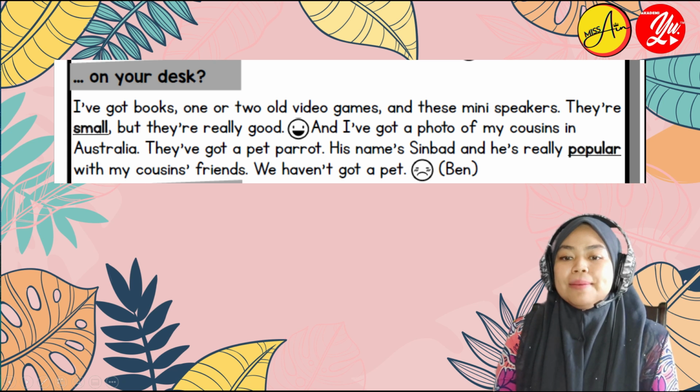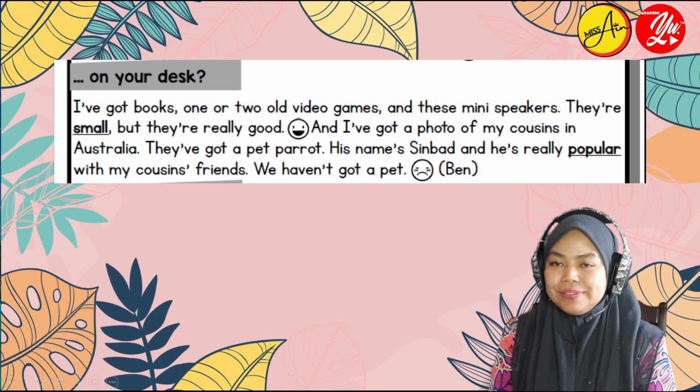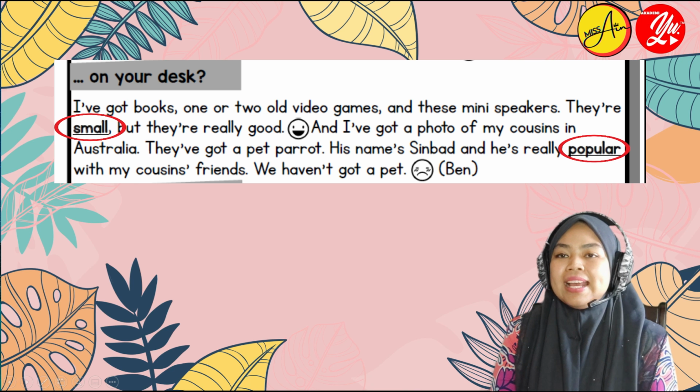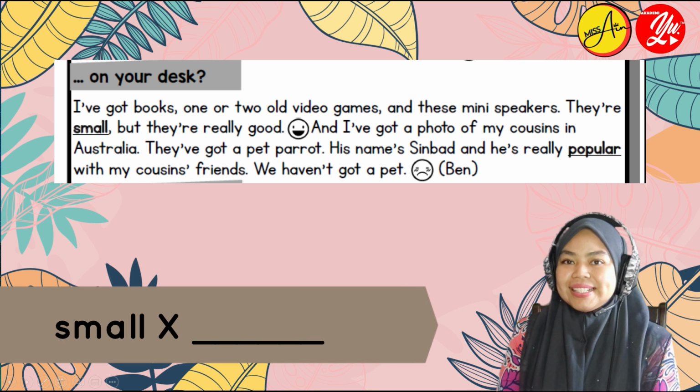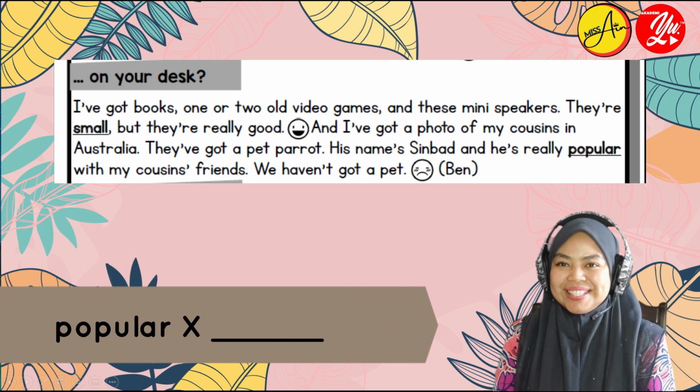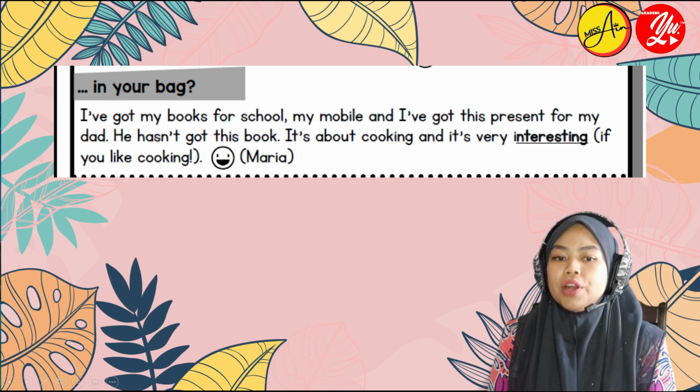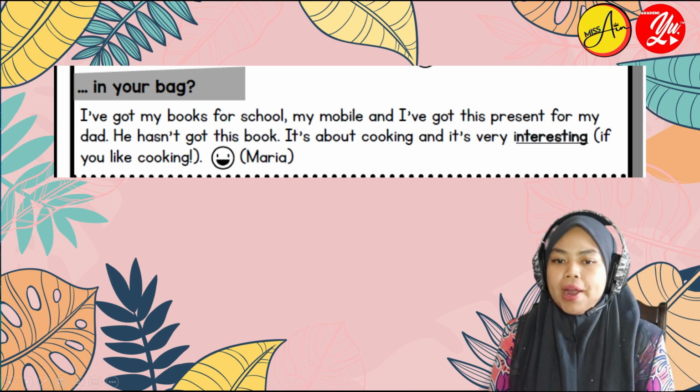Once again, the bold words are the adjectives. What you need to do is to give the opposites of those words. Small, popular. And last but not least, let's read the third and last paragraph. What have you got in your bag? I've got my books for school, my mobile, and I've got this present for my dad.